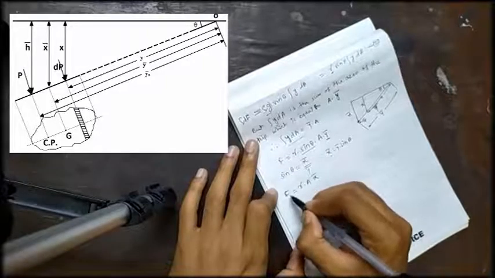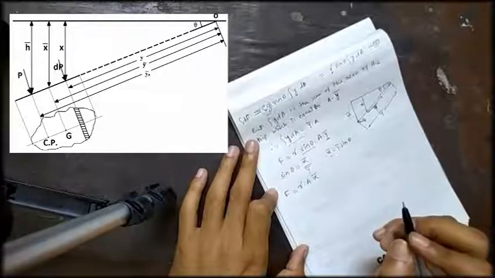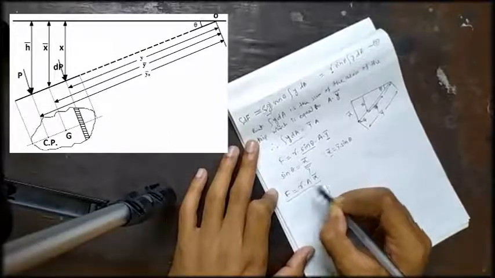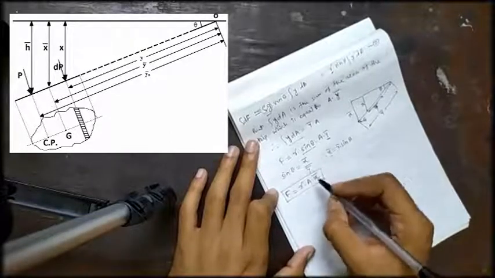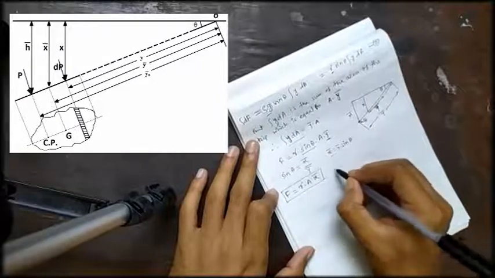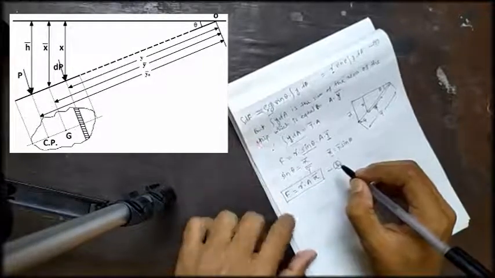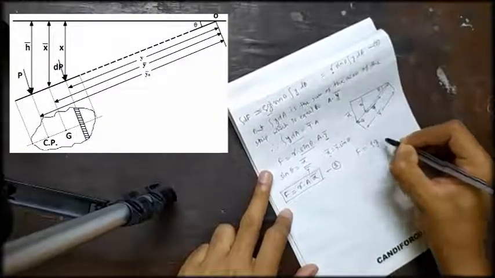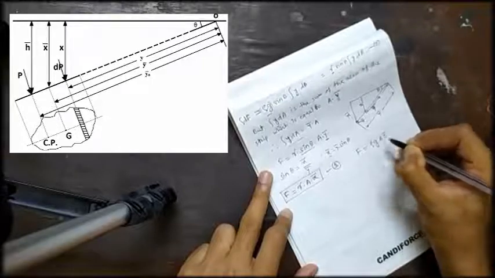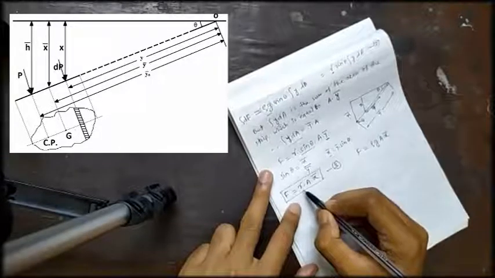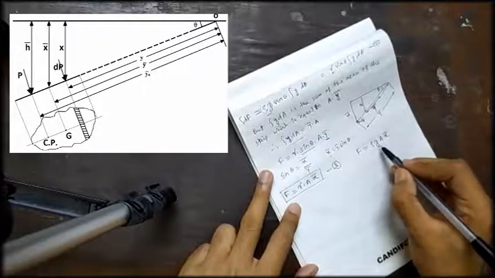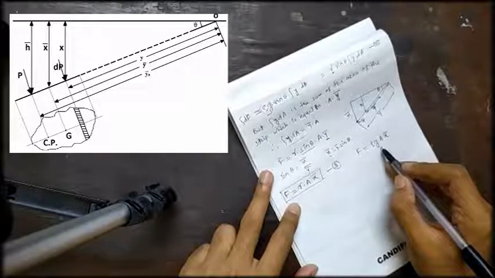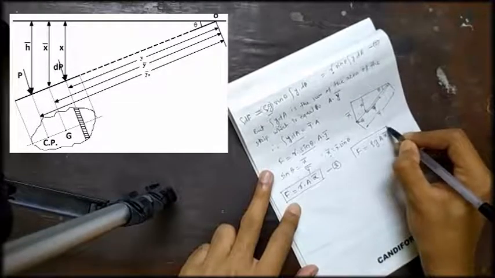So this is our equation of force, and this is our equation number 3. Now you can observe this force is nothing but rho g A x bar, correct? Instead of gamma I can write rho into g, since gamma is the product of density and gravity.